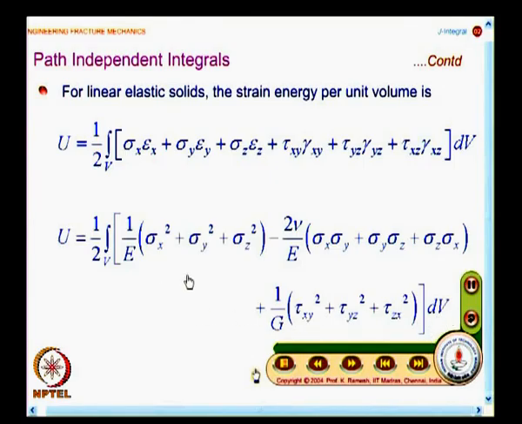These expressions you already know, and this is just for continuity in discussion. This is shown.